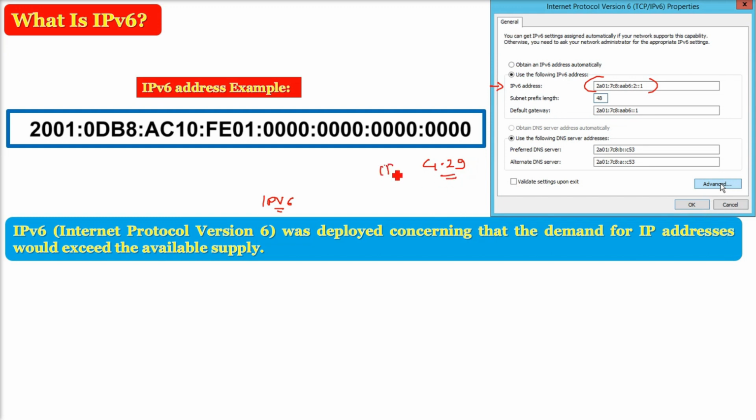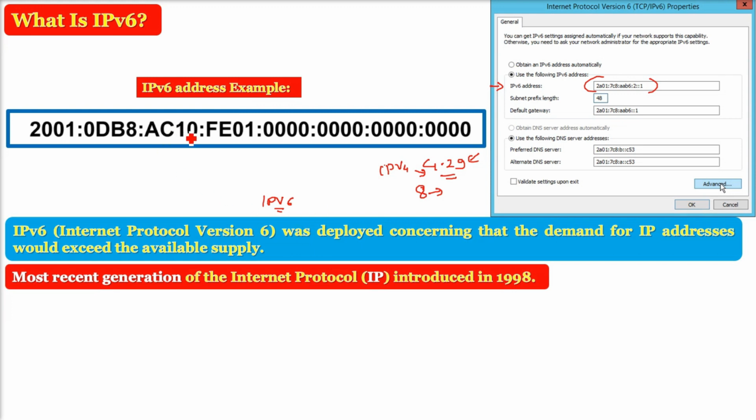This started in discussion when we had a high demand for IP addresses, because IPv4 is only a 32-bit address, so it can only cater up to 4.29 billion addresses. We are 8 billion people. Every person is having 2-3 gadgets now. So this is the most recent generation of Internet Protocol. It was introduced in 1998. In different articles or websites, you will see 1995 also, and 2017 is the latest one.